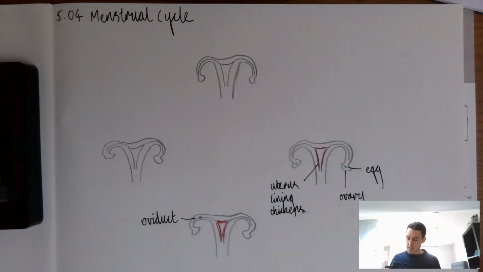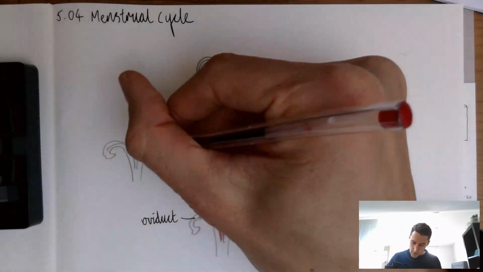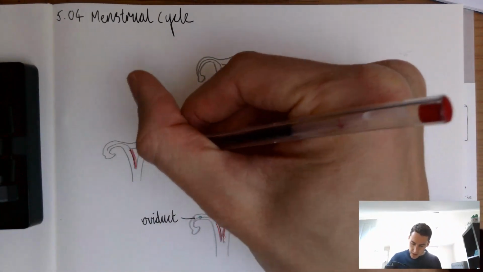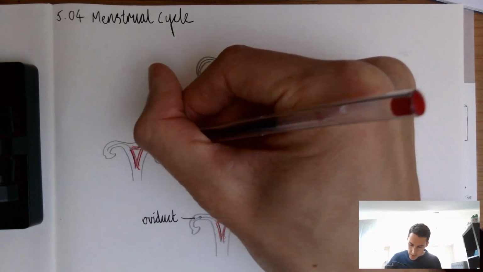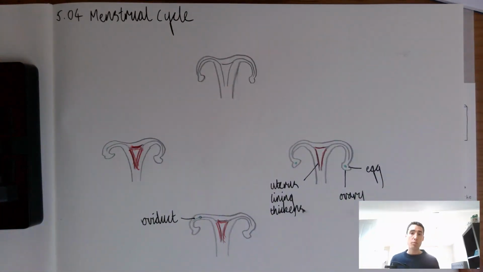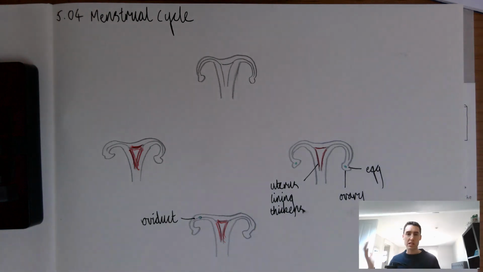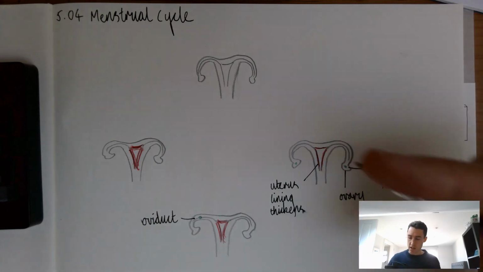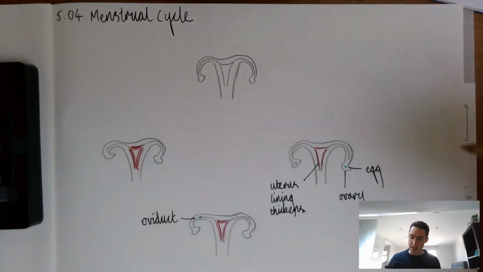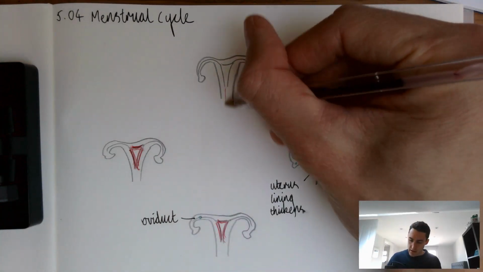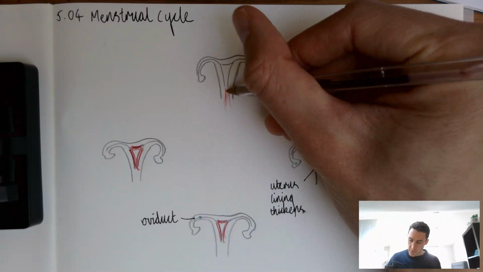So if fertilization does not occur, the lining of the uterus continues to thicken. So now I'm going to draw it really thick like this, until at a certain point the body realizes, let's say, I'll come back to that word realizes in a minute, that fertilization hasn't occurred, and we don't need this nice thick lining of the uterus anymore. That is going to be lost.